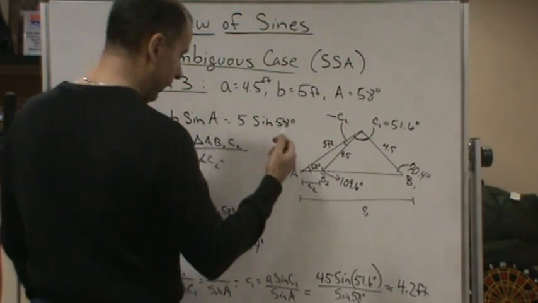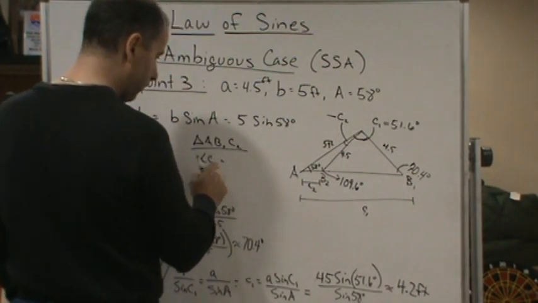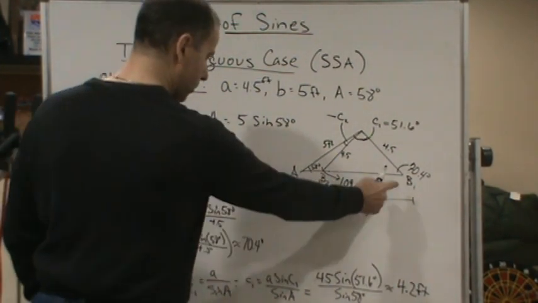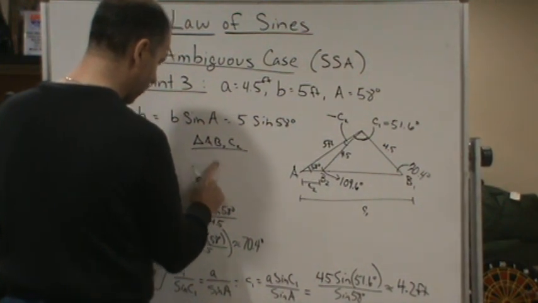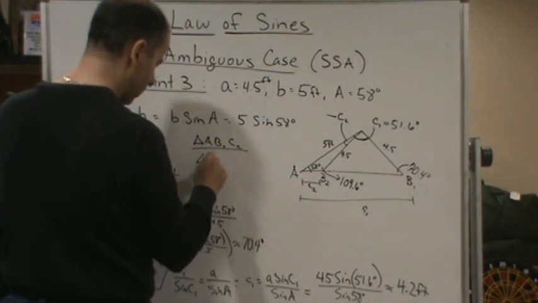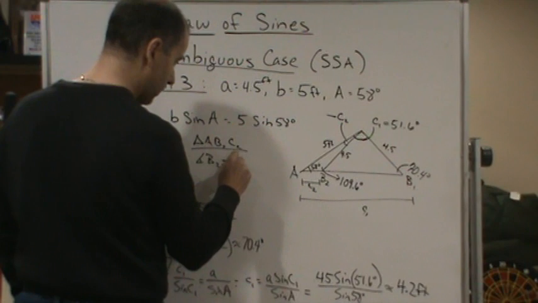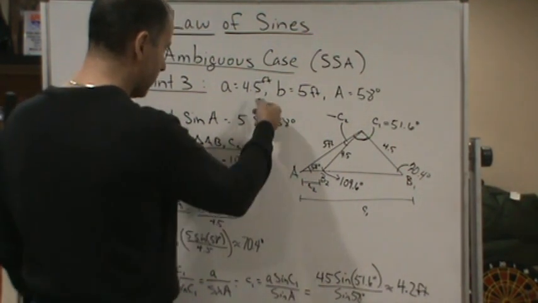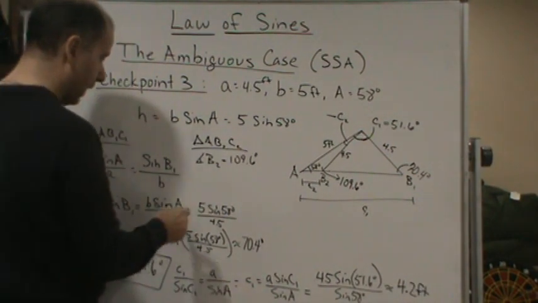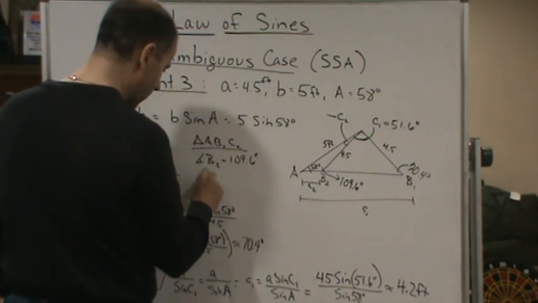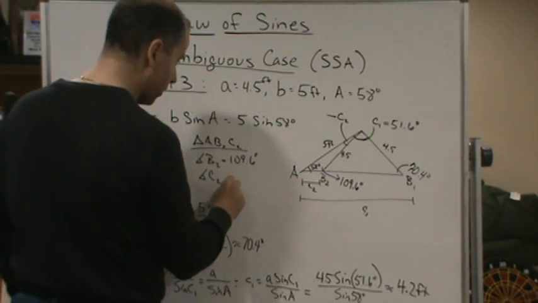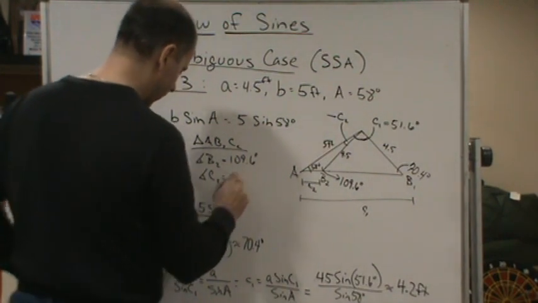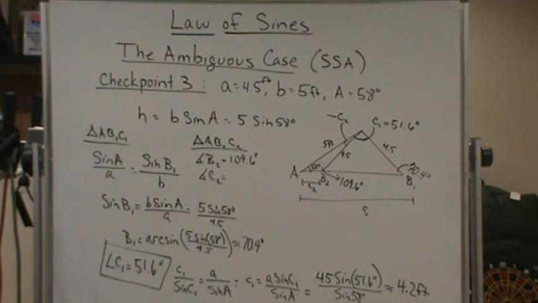Well, we know that B2 is 109.6. We did that earlier. So angle B2 is 109.6 degrees. We know angle A is 58 degrees. Angle C2, again, we found that out, I think is 12 point, let's calculate it again.